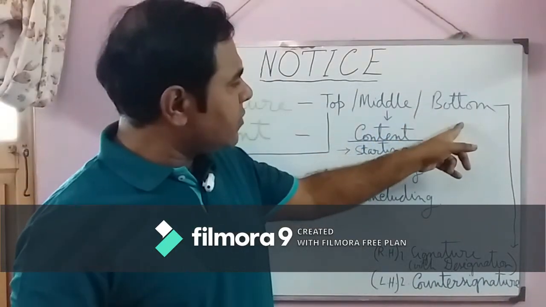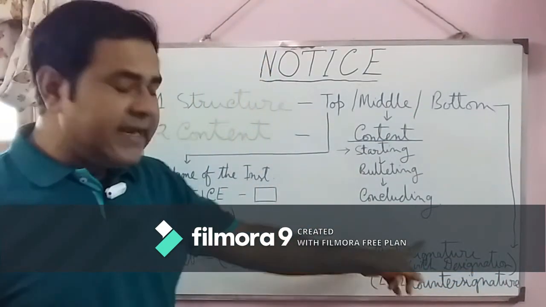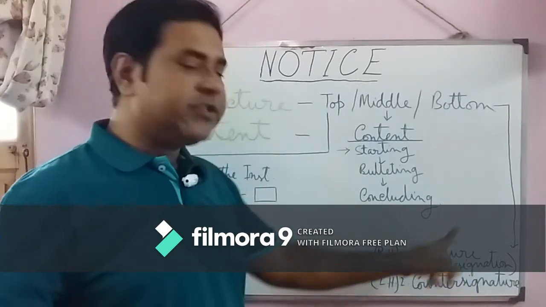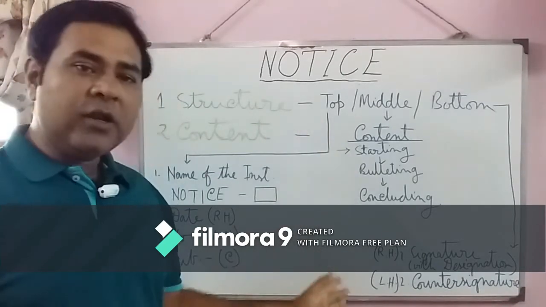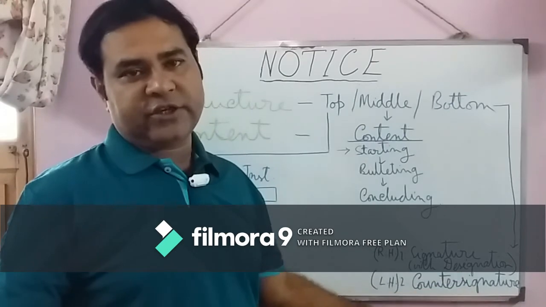And at the bottom part, we finish it on the right hand side by signing the notice, the signature of the issuing authority with designation, and for the school notice, as a protocol, on the left hand side it will be countersigned by the head of the institution.